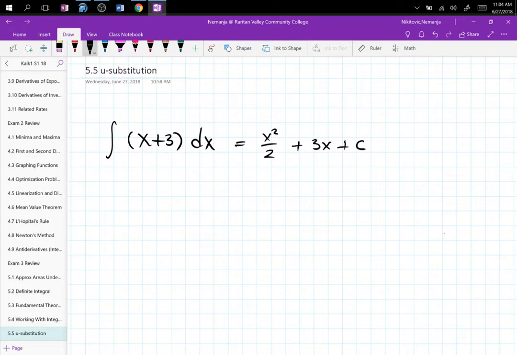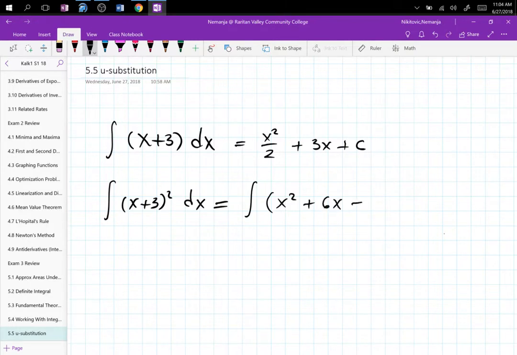The next integral would be the same x plus 3, but this time I'm going to square it, and we know that we can still do this because we covered it in 4.9: you FOIL the whole thing, you get x squared plus 6x plus 9 dx, and then you integrate each one, getting x cubed over 3 plus 3x squared plus 9x plus c.